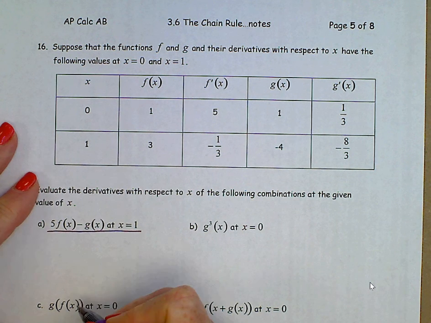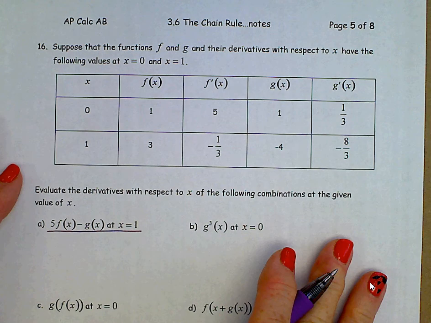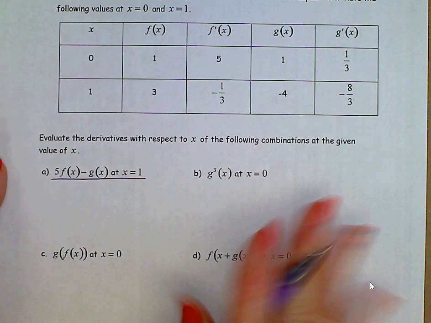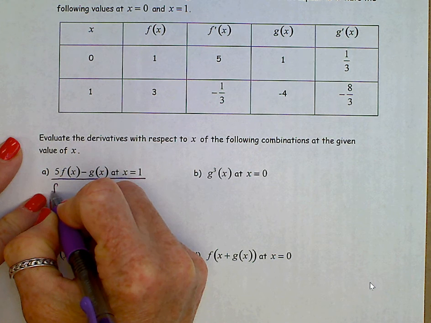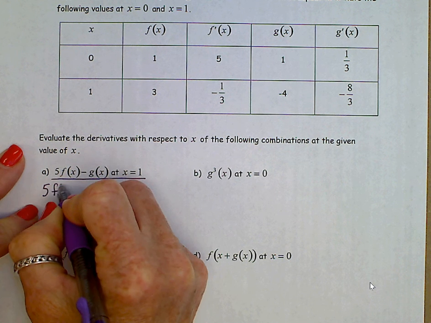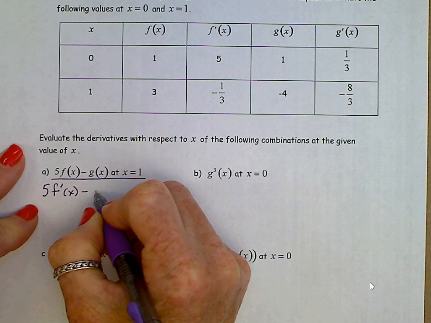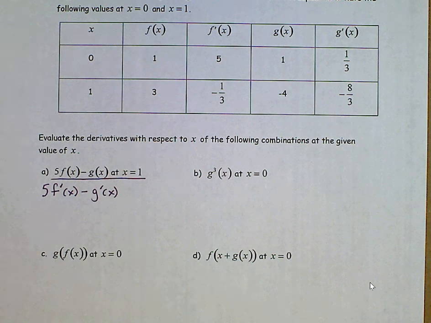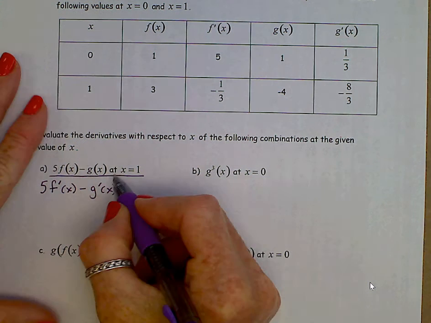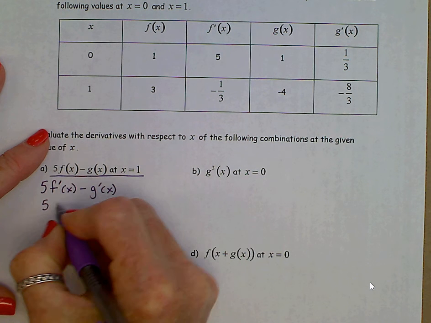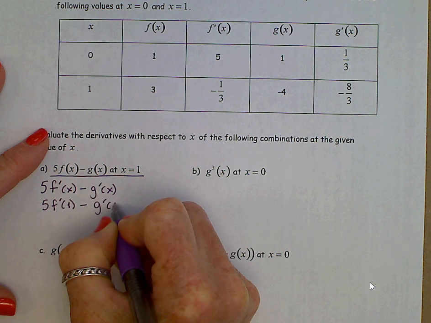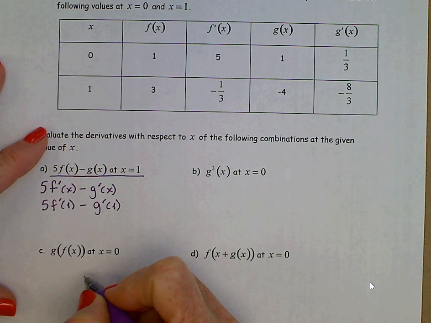I'm just going to draw a horizontal line here, or segment actually, to separate the function from its derivative. When we do this derivative, we'll have 5f prime of x minus g prime of x. And we're going to evaluate that when x is 1. So 5 times f prime of 1 minus g prime of 1.